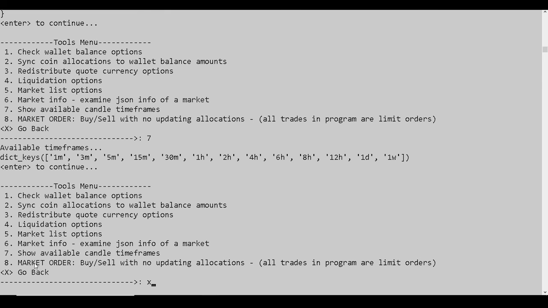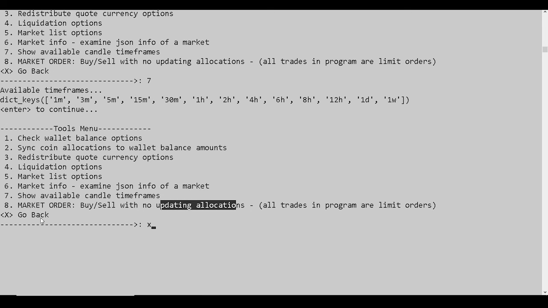Now, not every exchange has market orders. Some exchanges only allow limit orders. So if this fails, it could be that the exchange just doesn't allow market orders. But that is a useful tool. It works on KuCoin. See you in the next video.